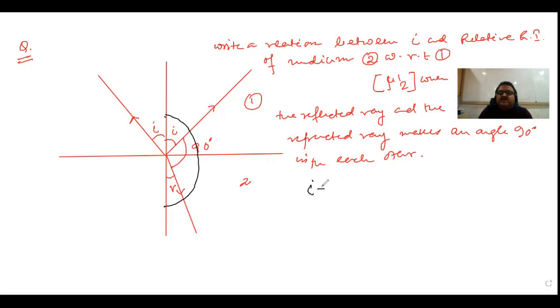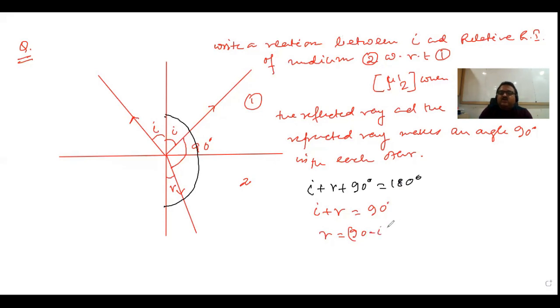Angle I plus angle R plus 90 is equal to 180. Is it clear? If it is so, what can we write? I plus R equal to 90. Therefore, R equal to 90 minus I.